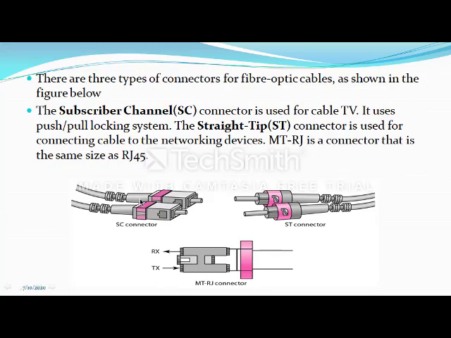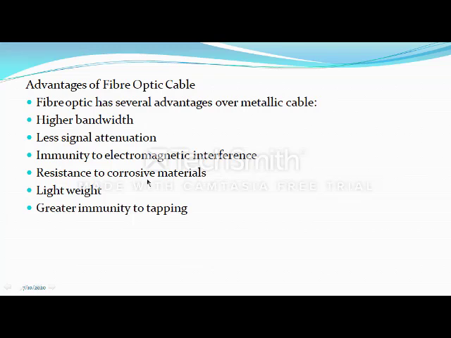ST is a straight tip connector. The third one is the MT-RJ connector. This is for transmission, this is for reception. The MT-RJ connector is the same size as RJ45.